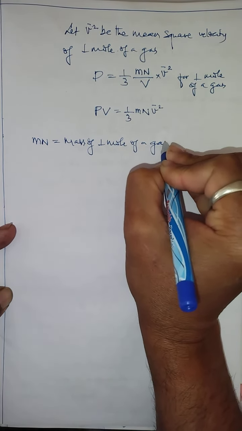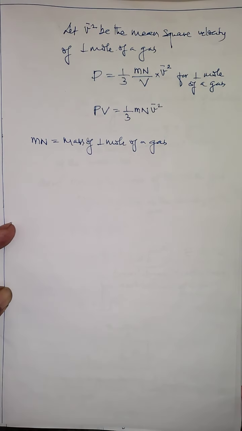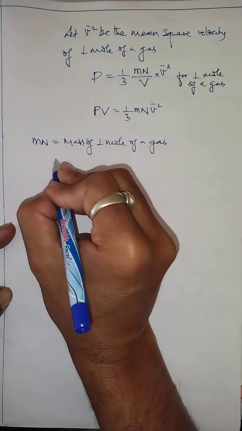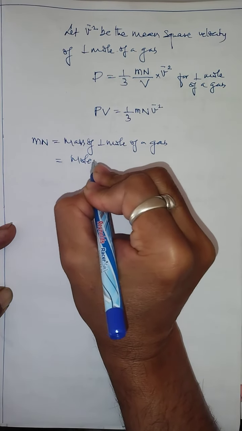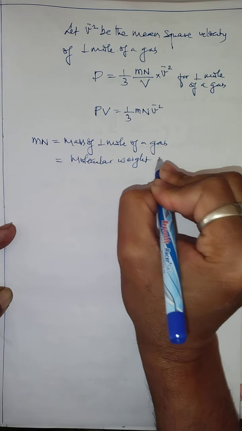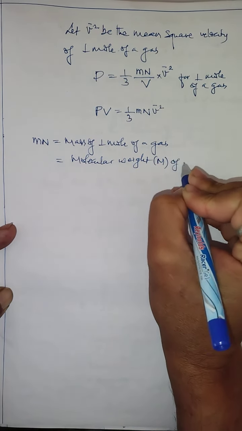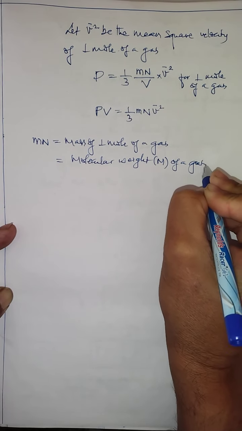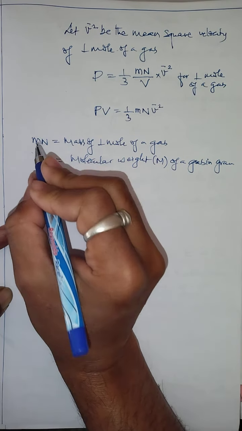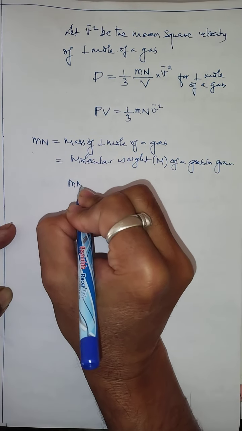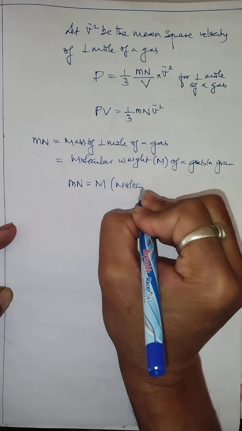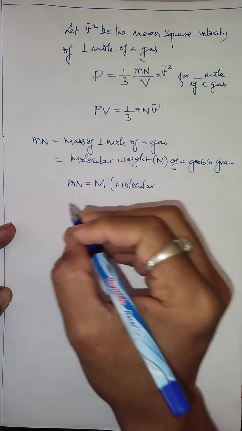But children, remember this, the mass of 1 mole of any gas is equal to the molecular weight of the gas in gram, which is marked by letter M. Which means small m into capital N is equal to capital M, where capital M is the molecular weight. So this is true not only with one gas, this is true for any gas.